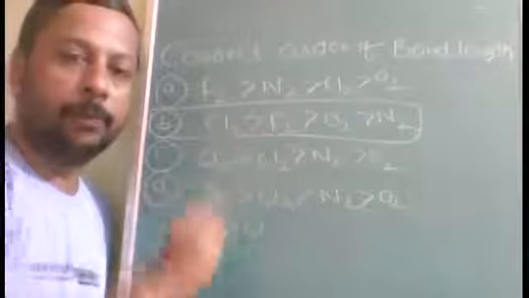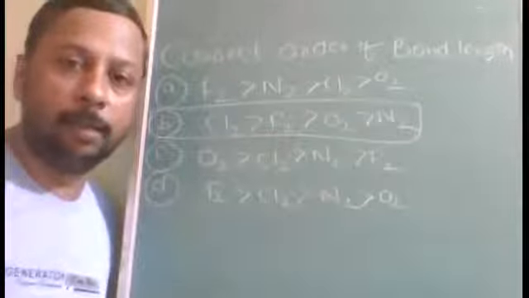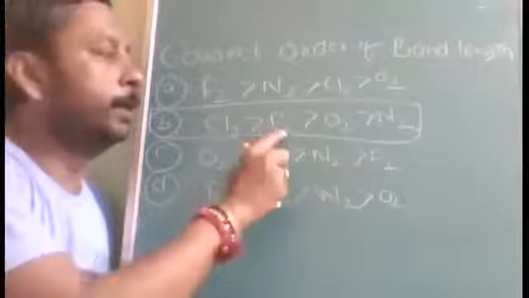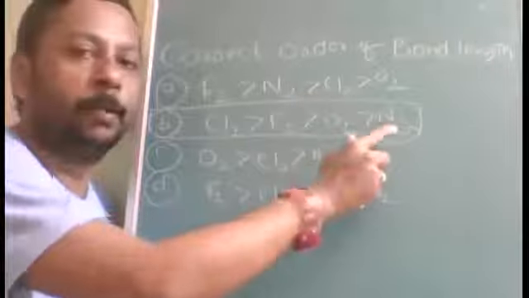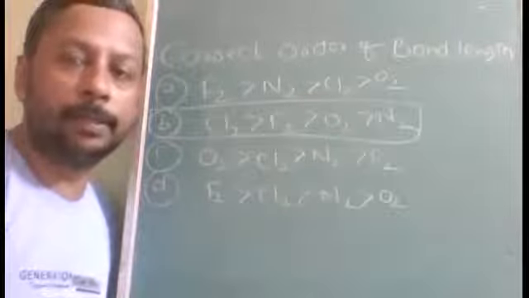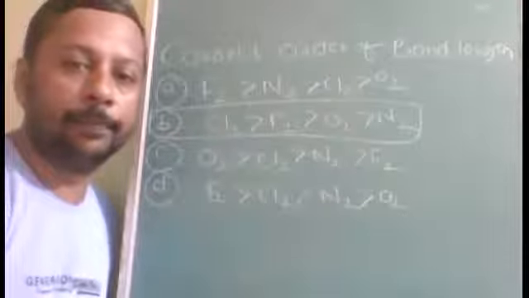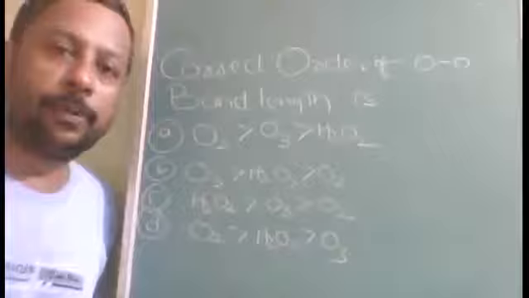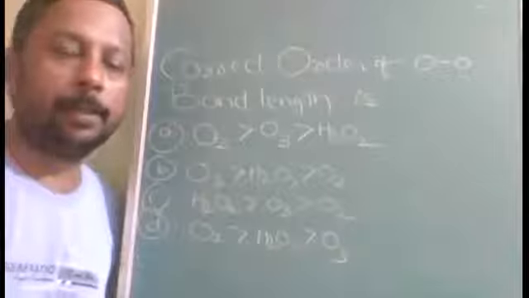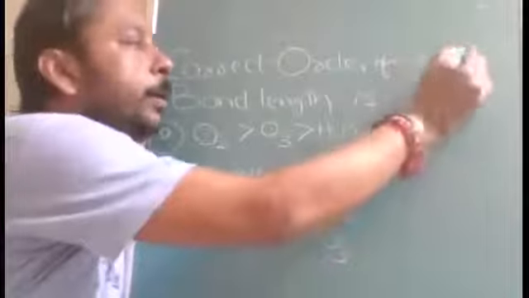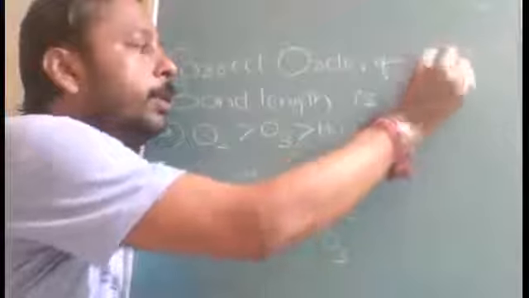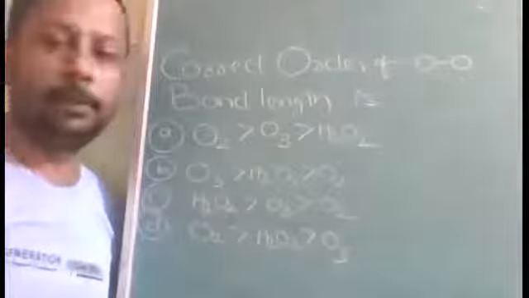Cl2 is greater than F2 because they belong to the same group. But here, single bond, double bond, triple bond: as bond multiplicity increases, bond length decreases. Okay. Wonderful question based upon bond length. Here we should concentrate on the oxygen-oxygen bond length, not any other one.